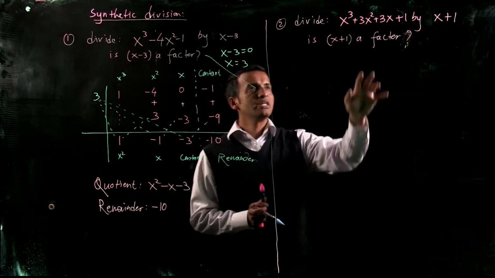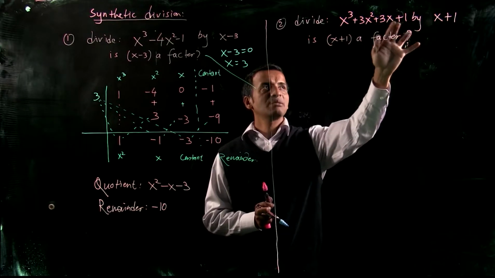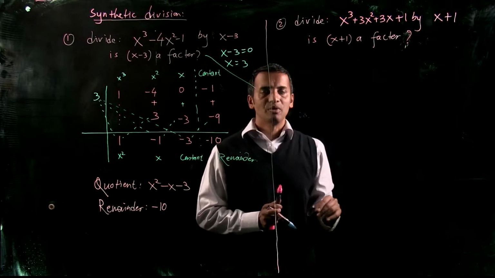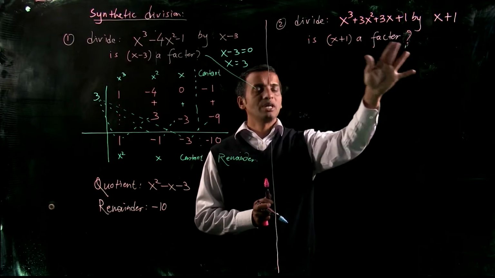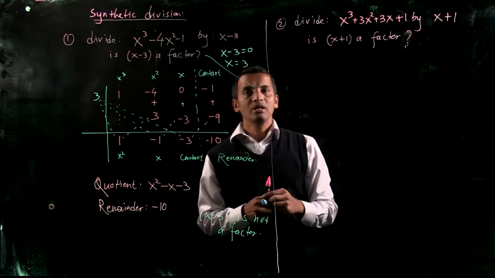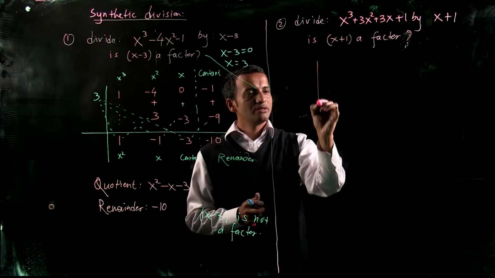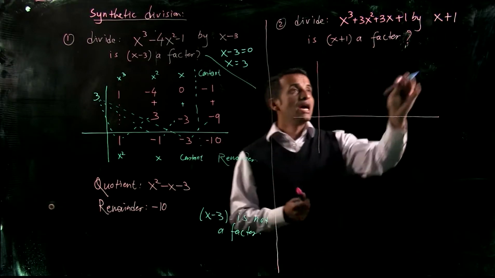Here you want to divide x cubed plus 3x squared plus 3x plus 1 by x plus 1, and decide whether x plus 1 is a factor or not. We make the same table.